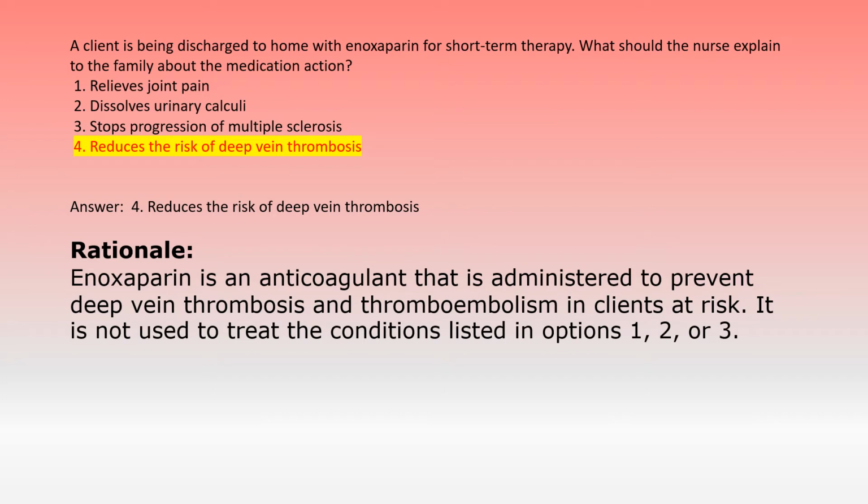Answer 4. Rationale: enoxaparin is an anticoagulant that is administered to prevent deep vein thrombosis and thromboembolism in clients at risk. It is not used to treat the conditions listed in options 1, 2, or 3.